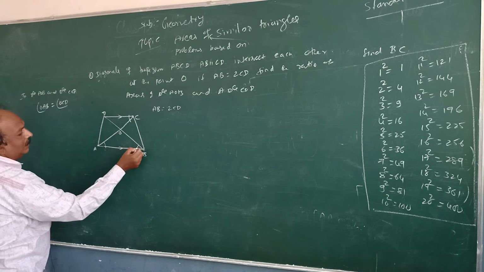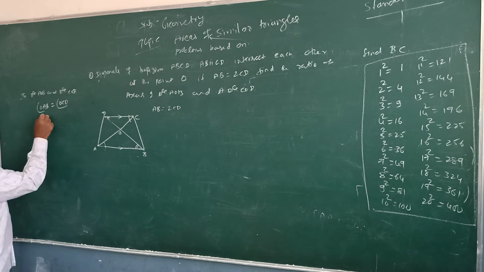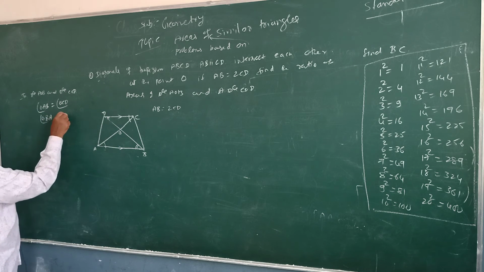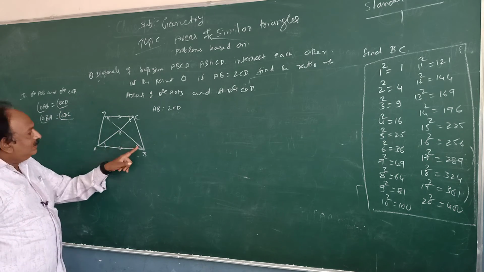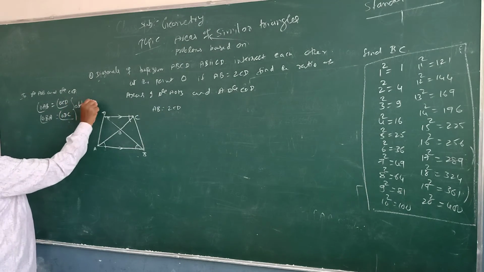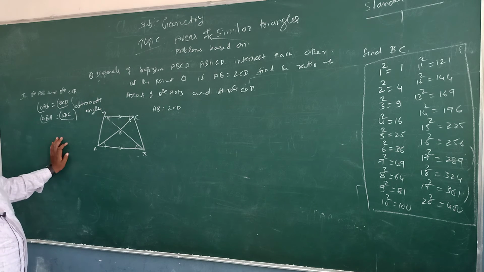Angle OBA is equal to angle ODC. Alternate angles.